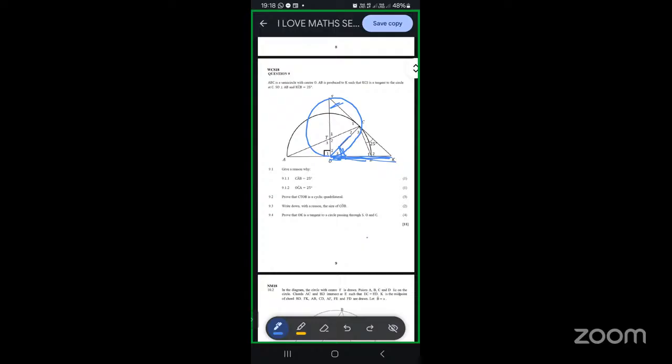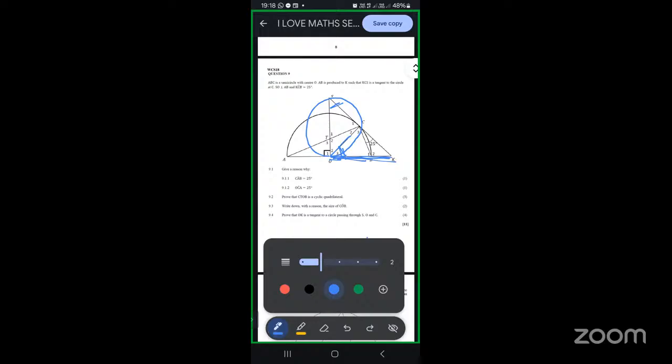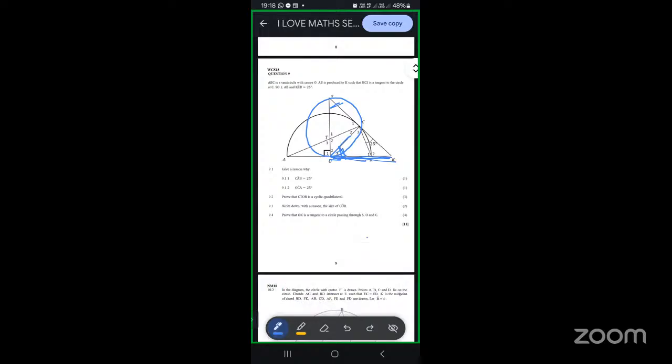Okay, I believe maybe this question is a little bit tricky. Let me just put some light. We found this angle here, which we said is 50 degrees, and this angle here is 90 degrees. Angles on a straight line are supplementary.